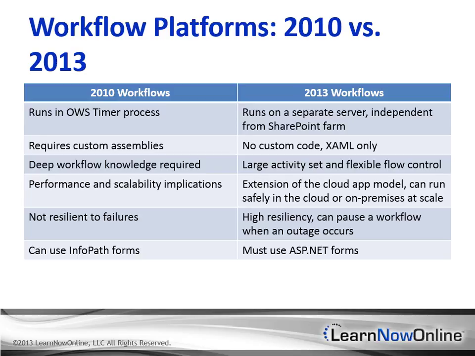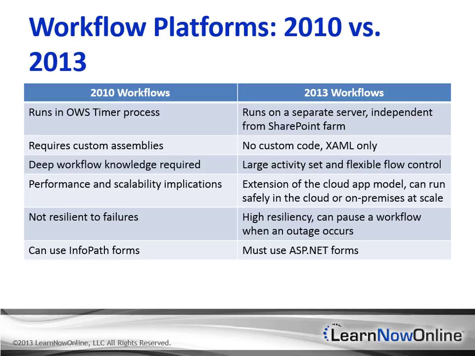Also, with 2010 workflows, there's a lot of workflow knowledge required, especially with Visual Studio. You had to know quite a bit just to get a really simple workflow going. But with 2013 workflows, there's a really large activity set. You have very flexible flow control. It's a much easier environment to do workflows in.